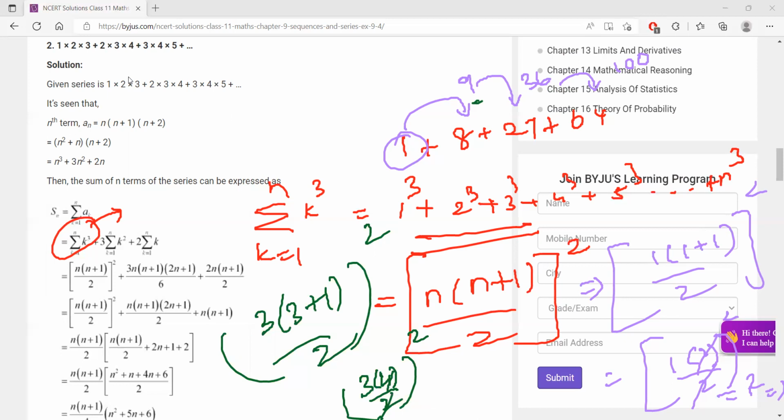Wait a minute. So it's 3 into 4 by 2 the whole square, which is 3 into 2 the whole square. 3 2 is 6. 6 square will give you 36. So you have 36. Can you follow Radha?